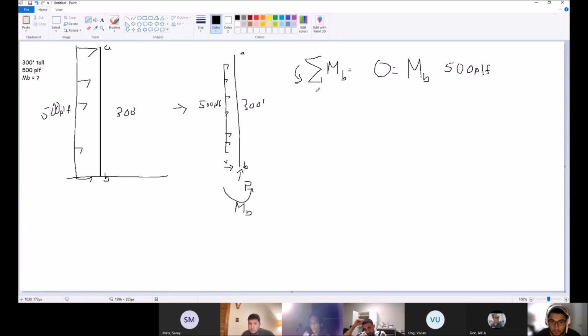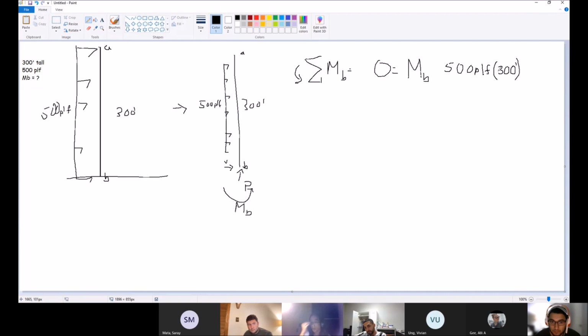So we're just going to get how strong this force is. It's 500 PLF spread across the entirety of the 300 feet. So 500 PLF times 300 feet.